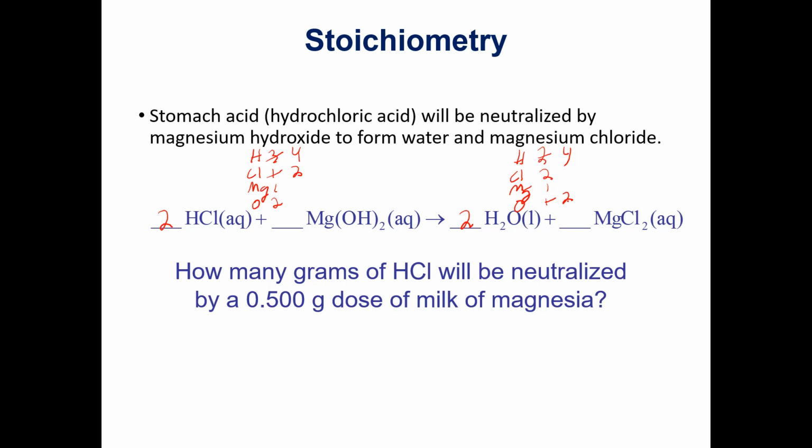So we want to know how much hydrochloric acid we can neutralize with a 0.5 gram dose of milk of magnesia. And milk of magnesia is the magnesium hydroxide. So we start with 0.5 grams of magnesium hydroxide.